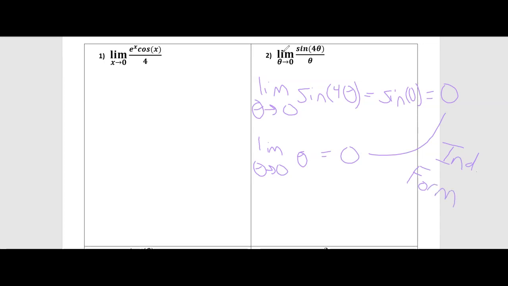Because we see some trig in our limit expression, we're probably going to need to use some sort of trig manipulation. We may also need to factor, but we're likely not going to need to rationalize any numerators or denominators because we don't see any radicals.